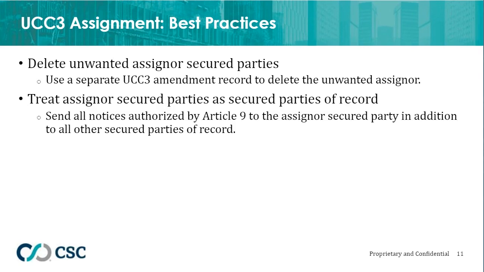From a searching perspective, the assignor should be treated as a secured party of record unless an amendment has been filed to delete that party. That means they should receive all notices to which a secured party is entitled under Article 9 and be treated as a secured party in any action to enforce a foreclosure or anything like that, until they disclaim an interest anyway.